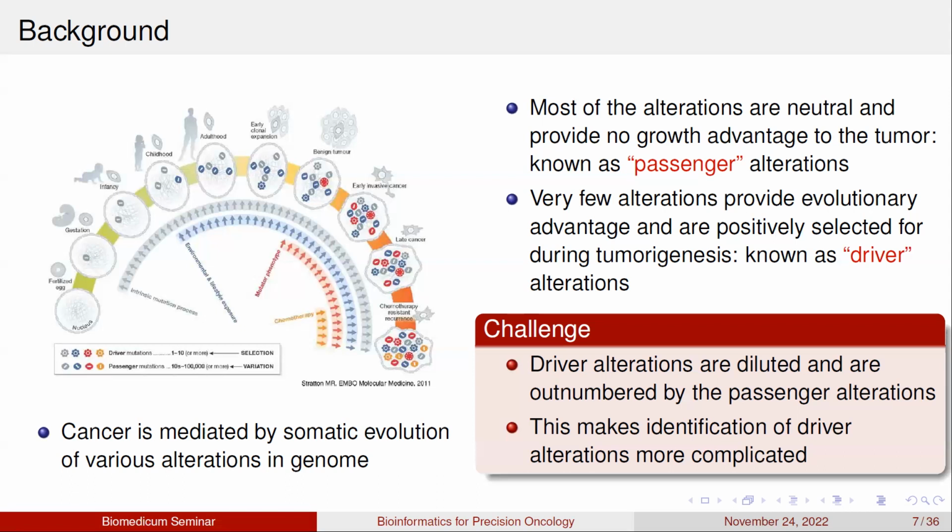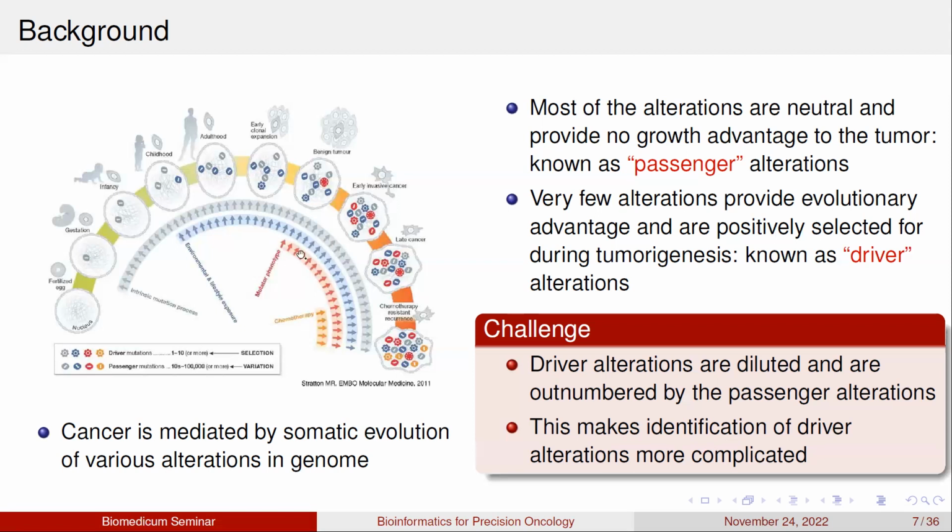When we sequence these cancerous genomes and try to identify the different alterations going on in these cancer patients, we identify numerous alterations, hundreds to thousands of mutations. But most of these mutations do not provide any growth advantage to the tumor, and those mutations or alterations are termed passenger alterations. And there are very few alterations that actually drive the cancer.